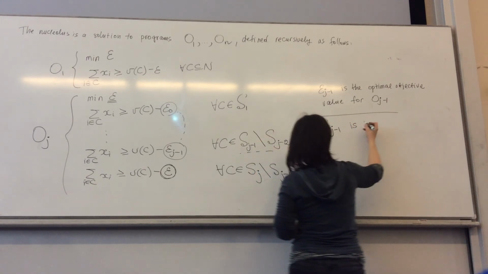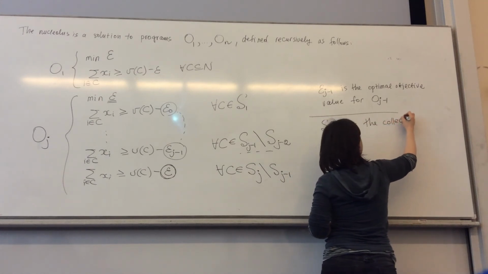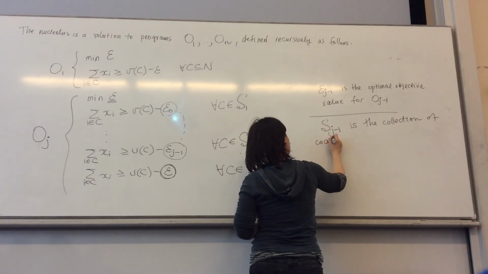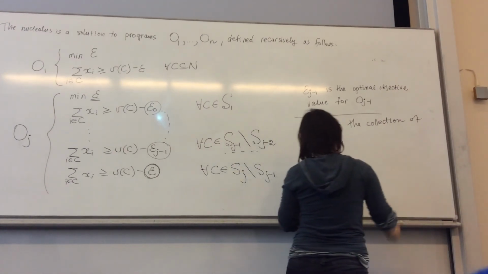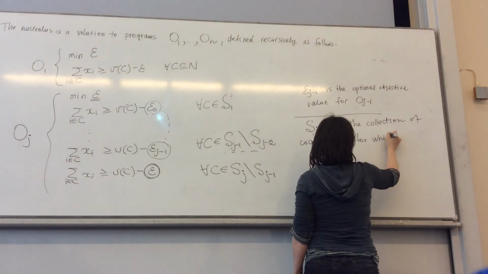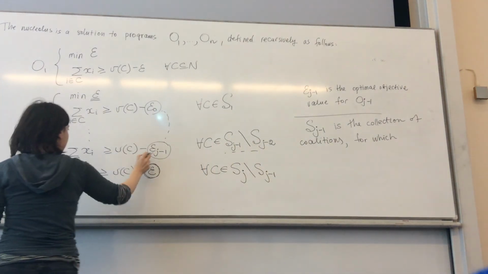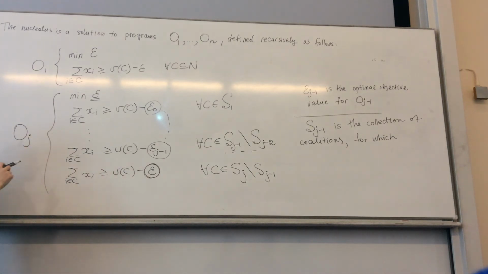The members here are coalitions for which the constraints that we had here in the corresponding step realized as equalities.